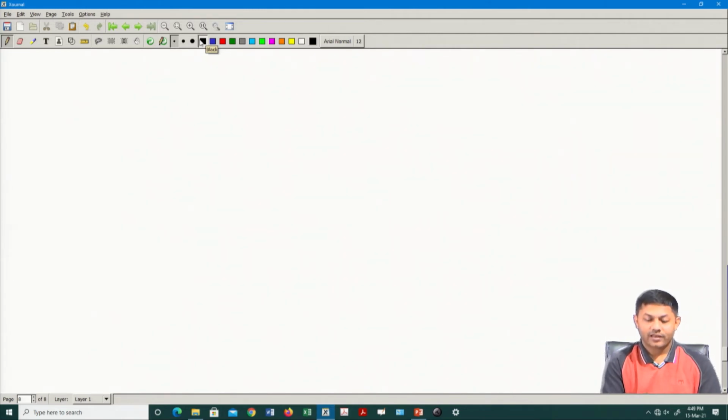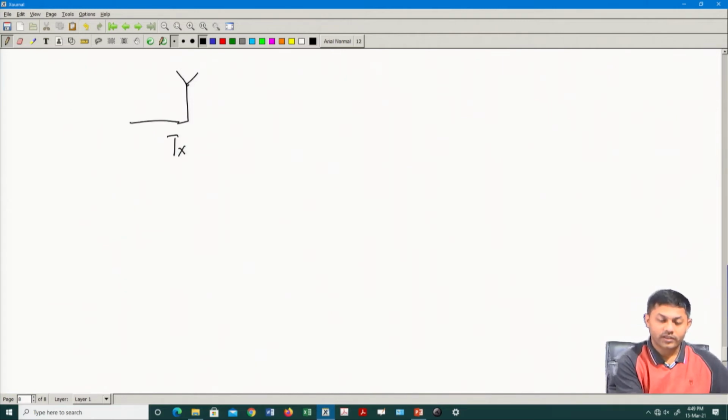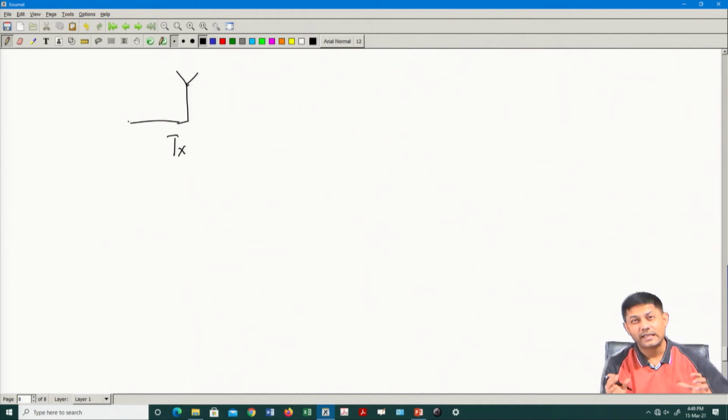Now we have two points. One point is that this is my antenna where I have done a transmission, but as you notice I am viewing the whole system from the digital side. So I will not draw S_T here. What should I draw here?